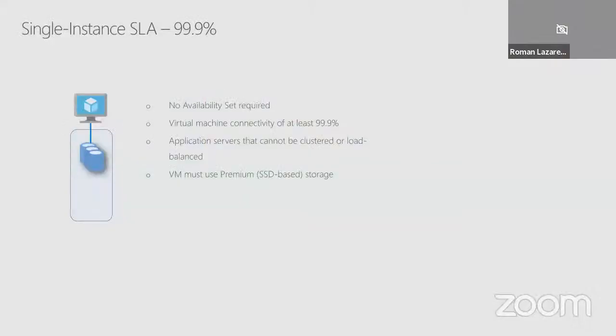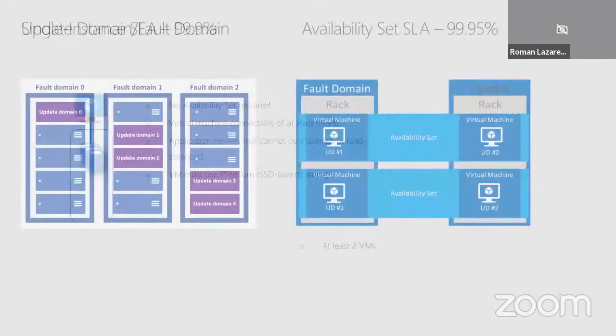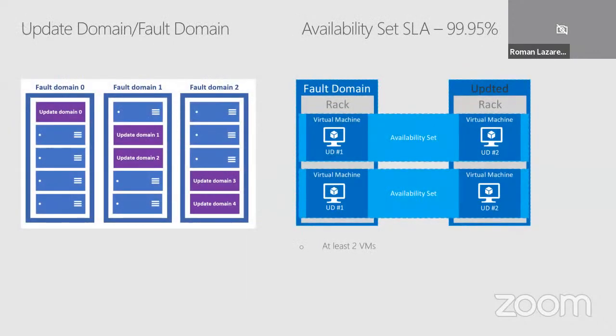When you deploy a single VM in your Azure subscription and it uses premium storage, you are eligible for an SLA of 99.9. When you use availability sets, your SLA for at least 2 deployed VMs can go up to 99.95.